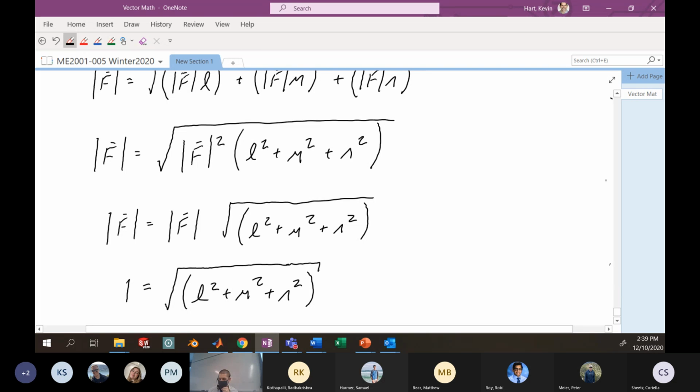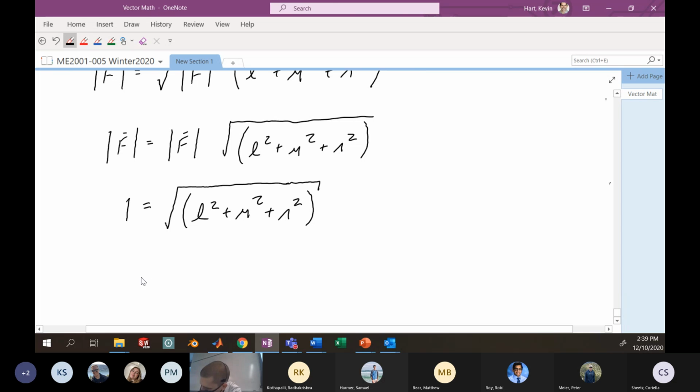I could square both sides. 1 squared is still going to be 1. And you get this really interesting result: the directional cosines squared all added together equals 1, which is an interesting phenomenon.